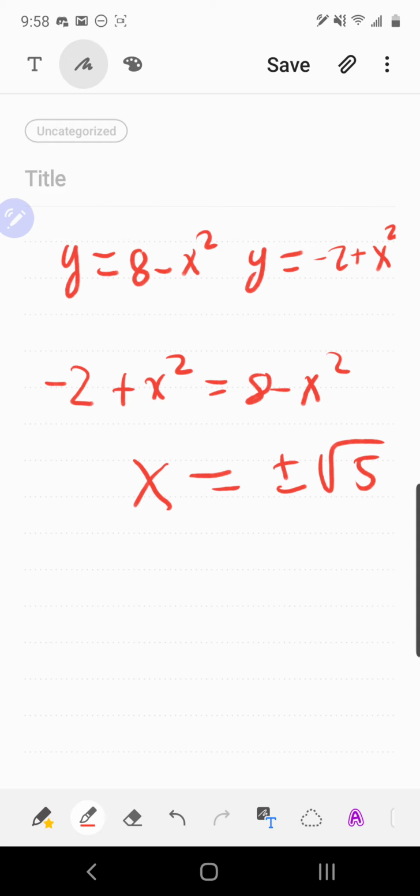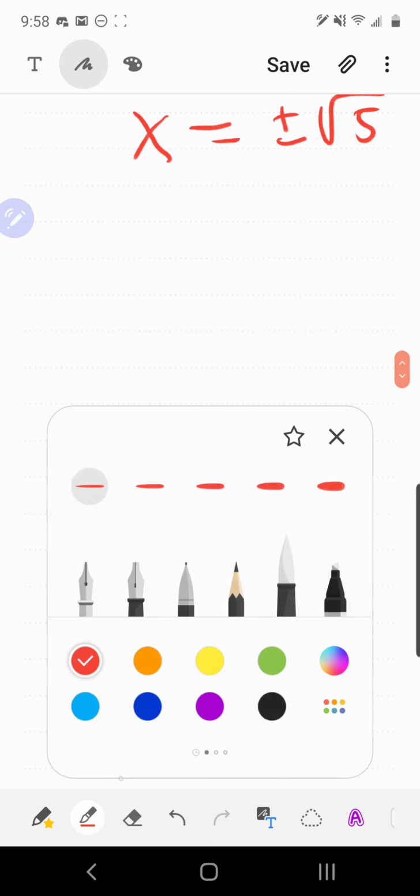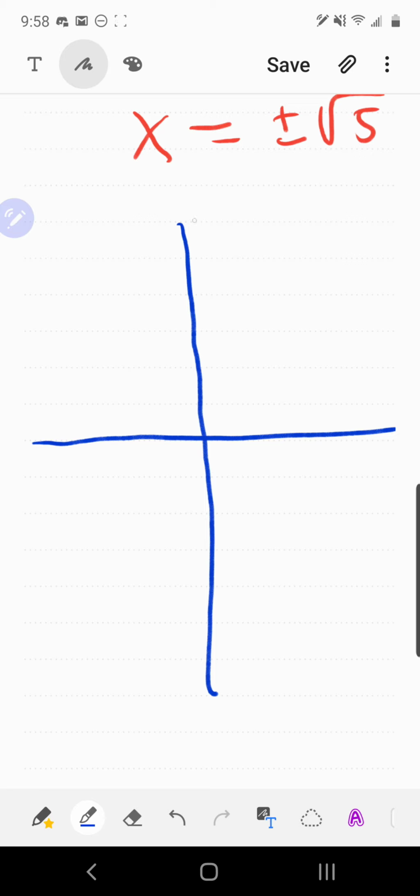I think it'd be easier if we drew a picture of this. So, let's use a different color. What is going on right here? So we have our y-axis, x-axis. Both of these equations, one of them is a parabola, the other is an inverted parabola. So we have one, it reaches about here, so let's say.